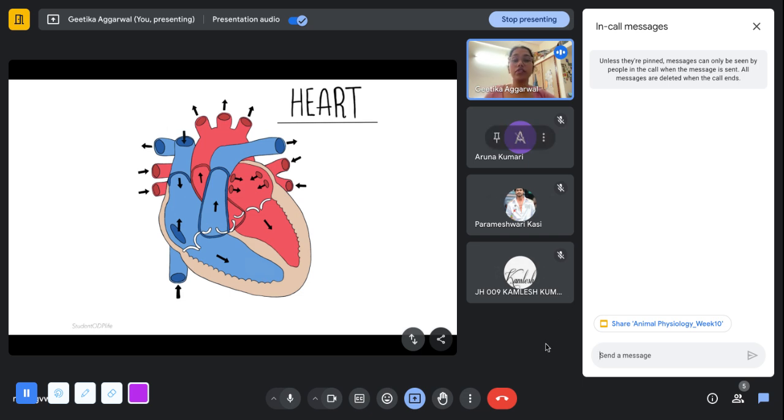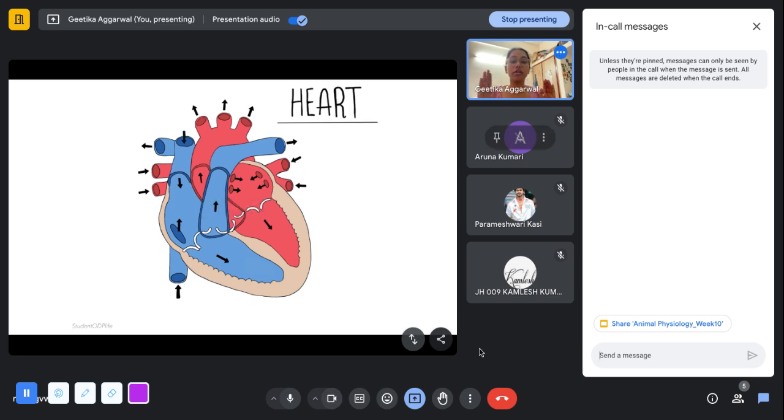Can you tell me what these different chambers of the heart are? What is the one that you can see here? Can you see my pointer? What is this chamber? Anyone?